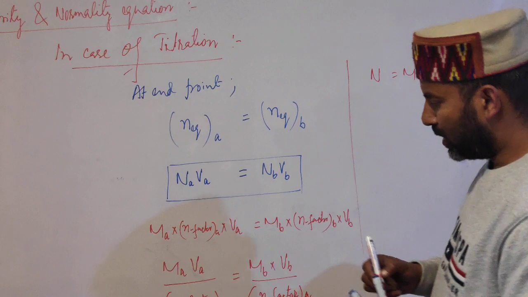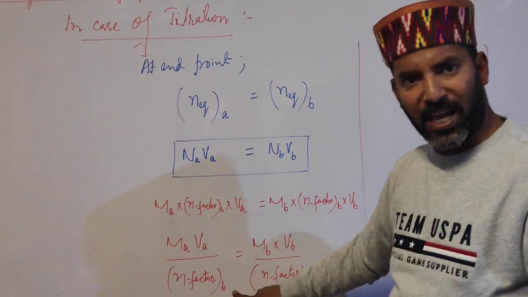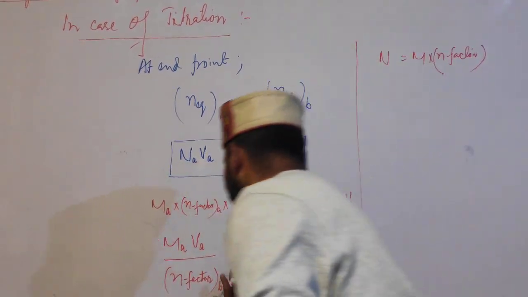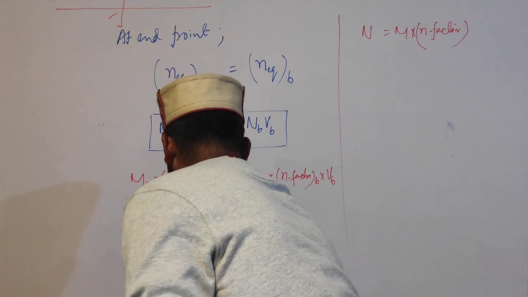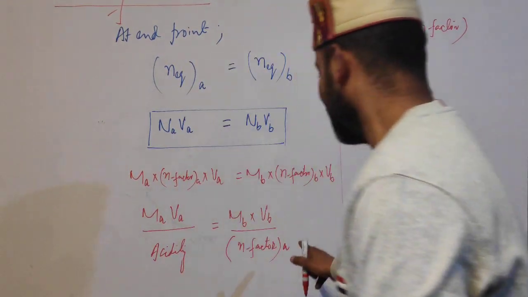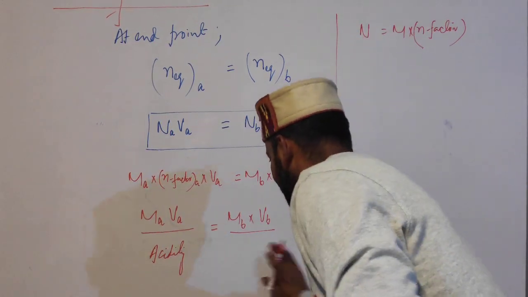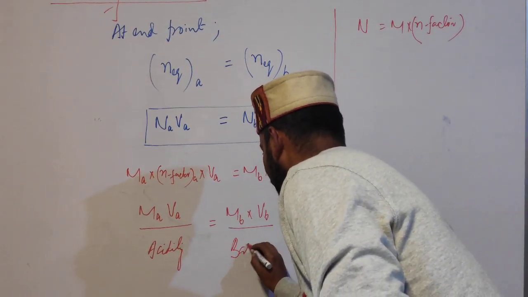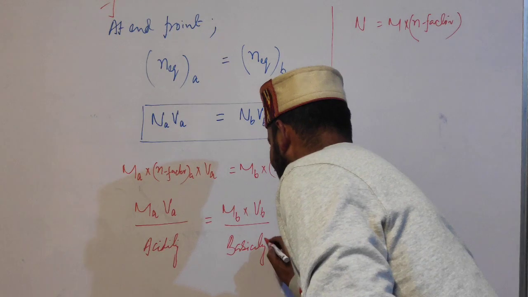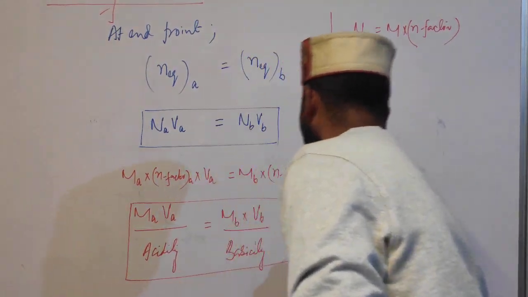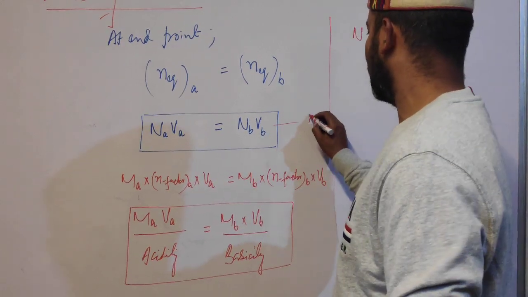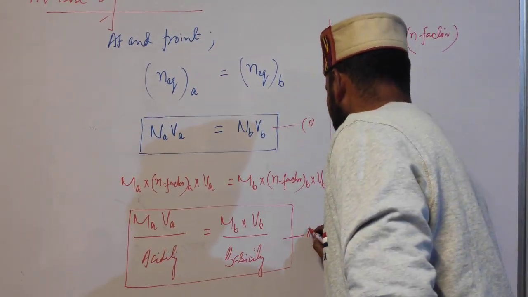Now what do we mean by the n factor of a base? The n factor of a base means the acidity of the base, and the n factor of an acid means the basicity of the acid. So this is our molarity equation. This was normality, this is molarity.